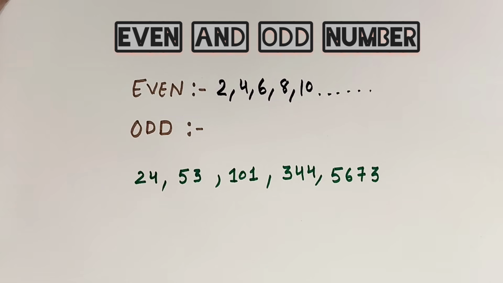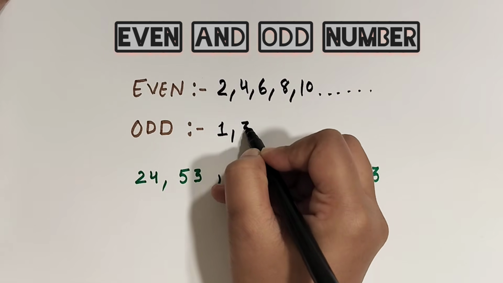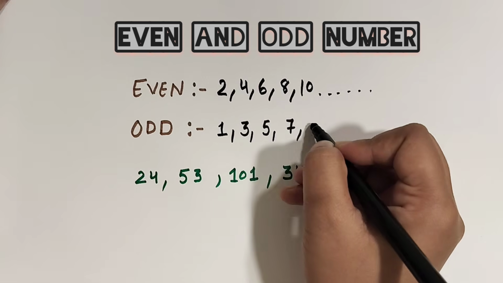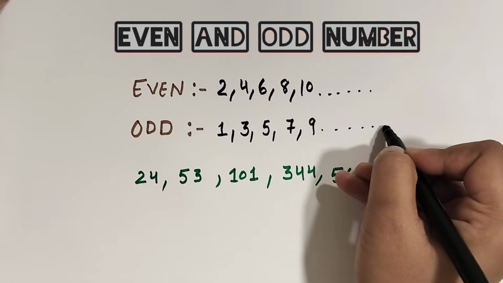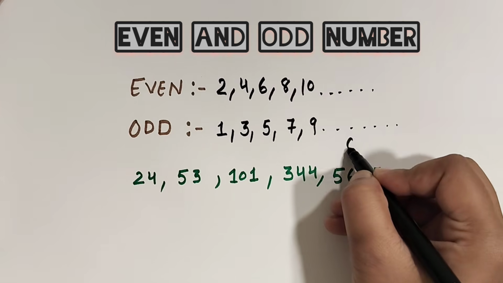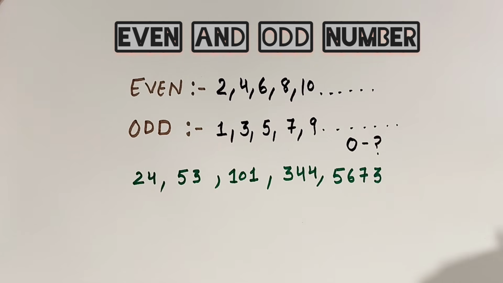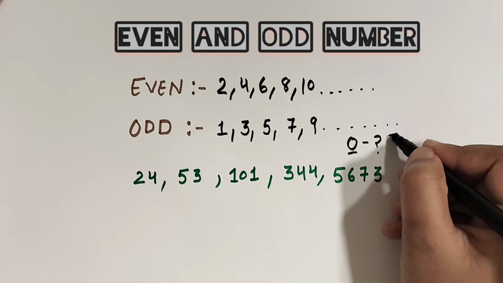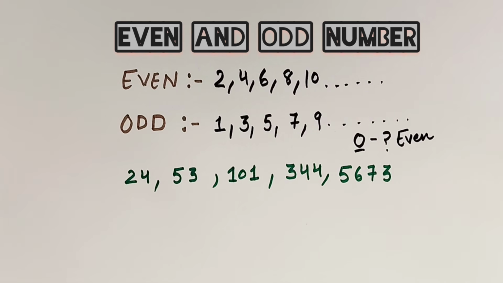An odd number is a number that is not divisible by 2 exactly. For example, 1, 3, 5, 7, 9, and so on. Now, what about the 0? So let me tell you that 0 is an even number because that is a multiple of 2.